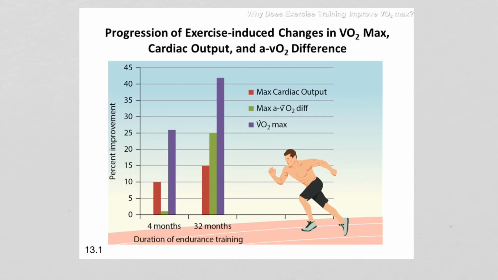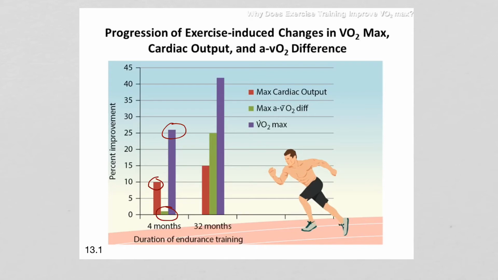We can see that after 4 months of training, VO2 max increased just above 25%, which is shown in the purple bar. And this was entirely due to an increase in the maximum cardiac output of 10% or so. Notice there is no, or at least very minimal, change in the maximum AVO2 difference.